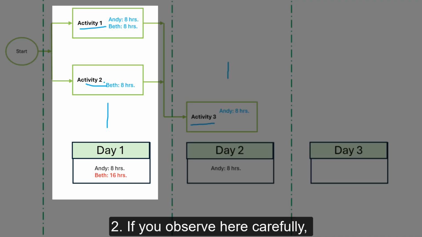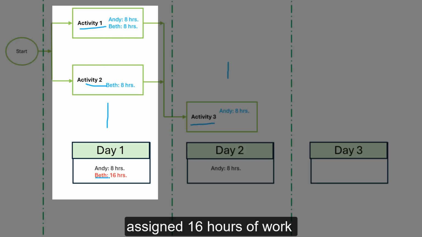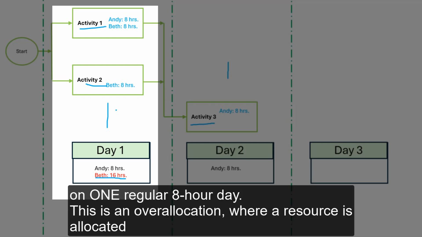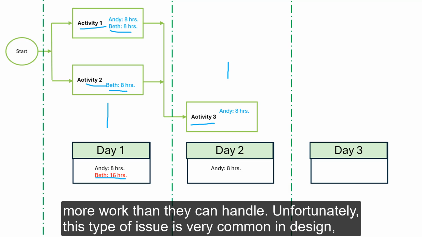If you observe very carefully, you can see the problem is that Beth is assigned 16 hours of work on one regular 8-hour day. So you can see Beth is assigned here and here also. This is an overallocation, where a resource is allocated more work than they can handle.